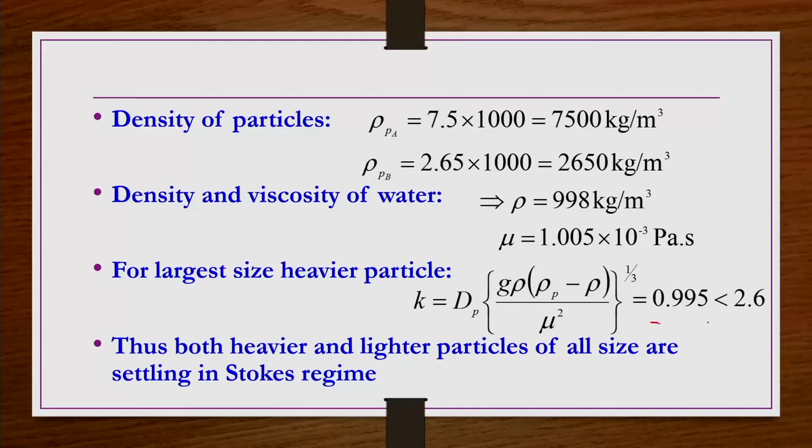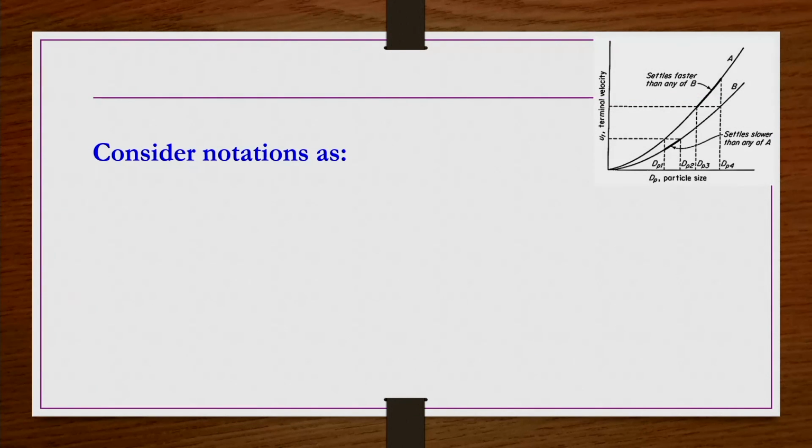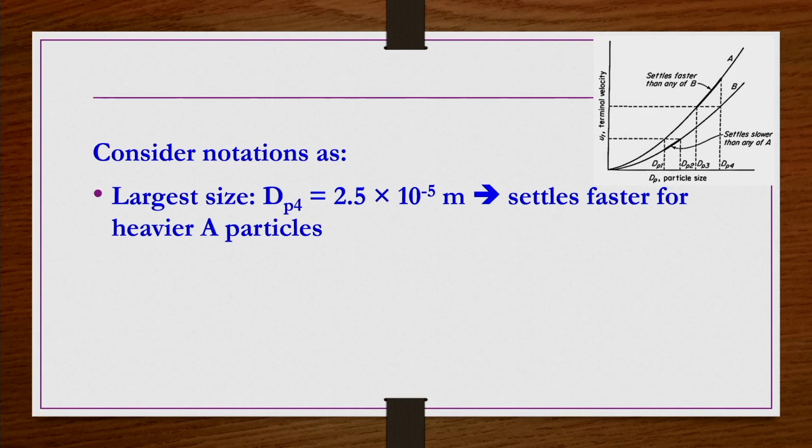So all the material, both heavier and lighter particles, will settle under the Stokes regime only, because their size range and density are such that their combination will always give a K value less than 2.6.